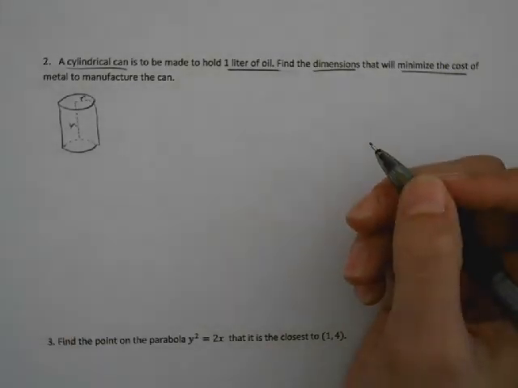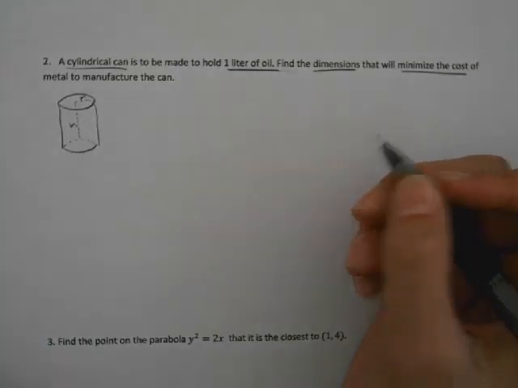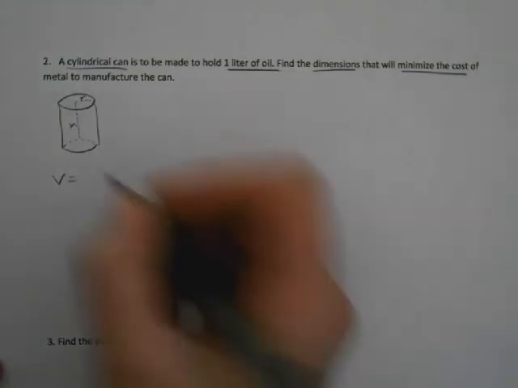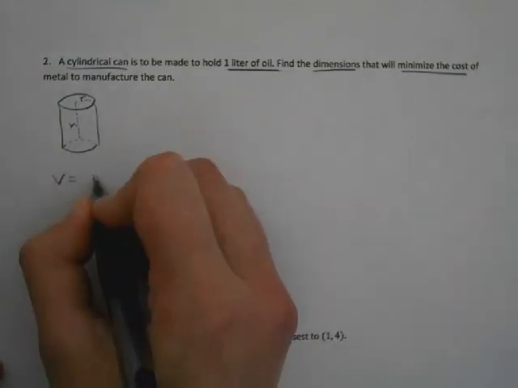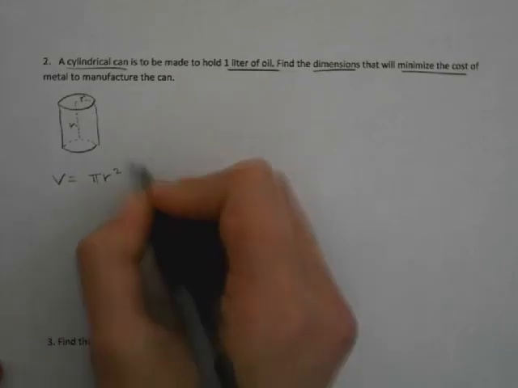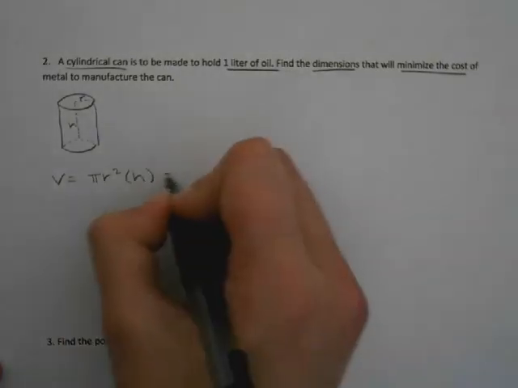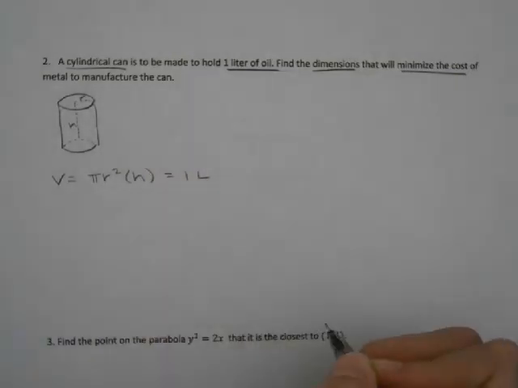So here, I'm going to go ahead and look for what the volume of the can is. So if you don't remember what volume of a cylinder is, it is the area of the circle that makes the base multiplied by whatever the height of the can is. And they told us in the problem that this is 1 liter. Now that's a volume that is liquid, and we want this to be a volume that is something that we could measure in length or area.